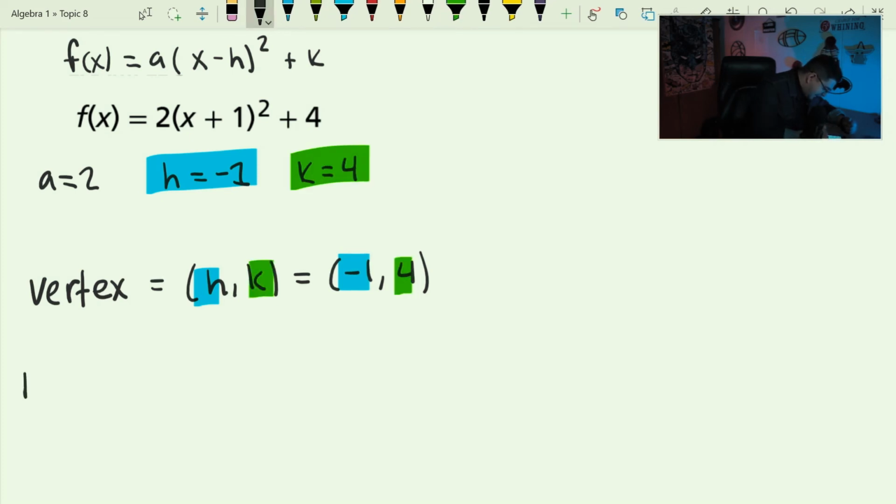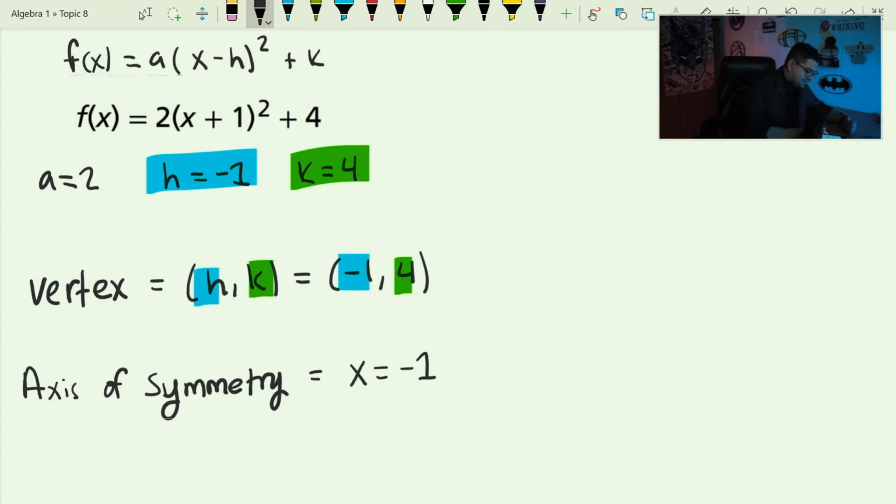I also know that my axis of symmetry is x equals -1, because your axis of symmetry is always just whatever the x value of your vertex is, okay?